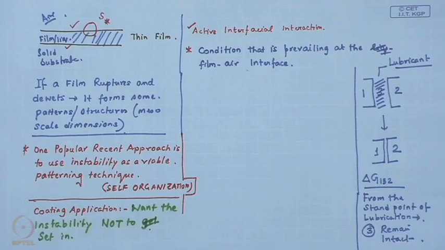So, in this type of an area, it is important to understand the physics, what exactly happens, so that depending on your choice of application, you can trigger instability or you can suppress the instability, both are equally important. Okay. So, if you are talking in terms of patterning, of course, this course talks about patterning. So, probably we are in favor of having the instability so that we can create structures of our choice. But reality is that if you are interested to use your thin film as a coating, you would try to prevent the instability at any cost, because if the film becomes unstable, it ruptures, the functionality of the coating is completely destroyed.